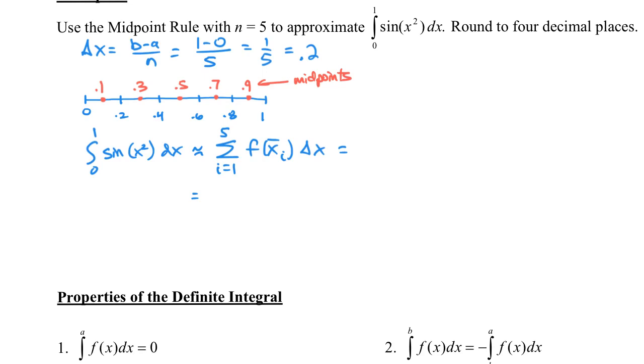Actually, I'm going to put this additional step in here. If we went through here, we would have f of x sub 1 bar delta x plus f of x sub 2 bar delta x plus, up to x sub 5 bar delta x, right? So that's what we've got. So we can factor out this delta x, and if we factor out the delta x, we would get delta x times all of these things.